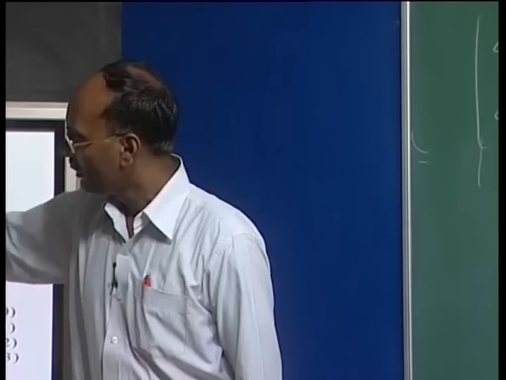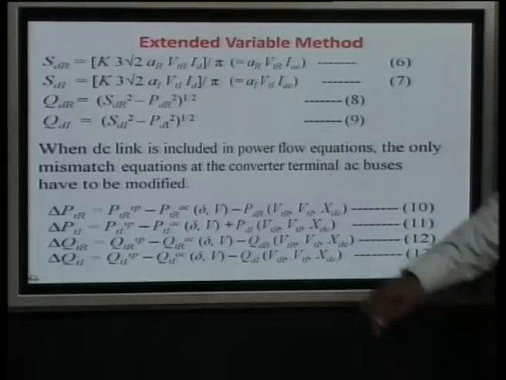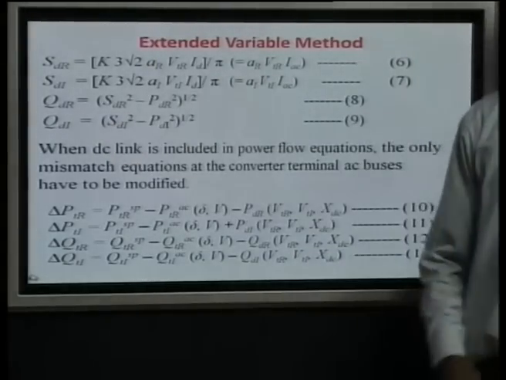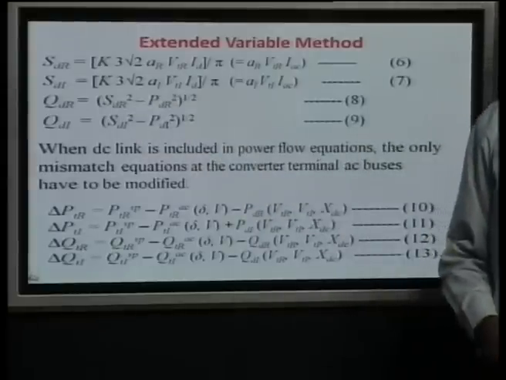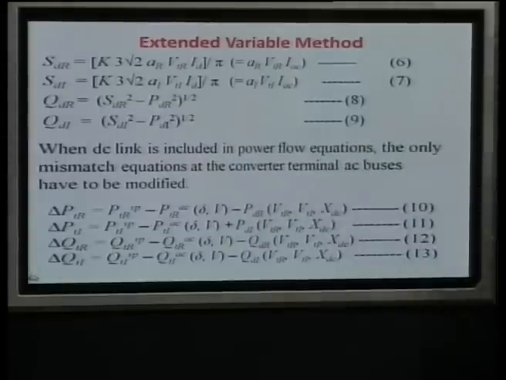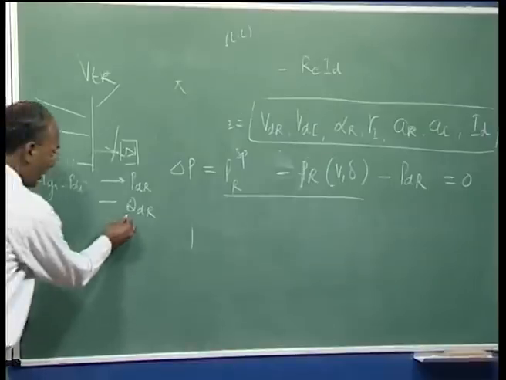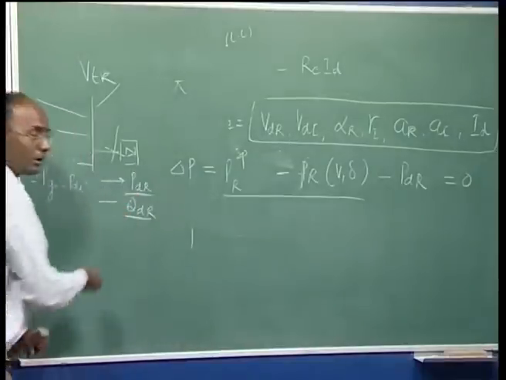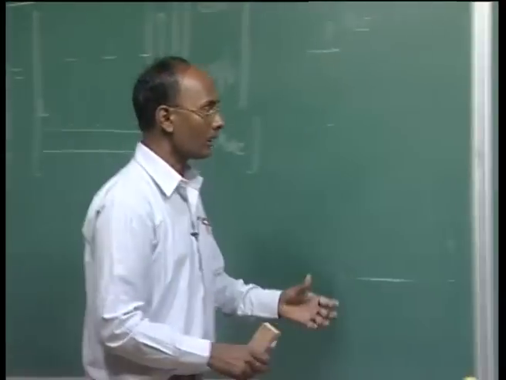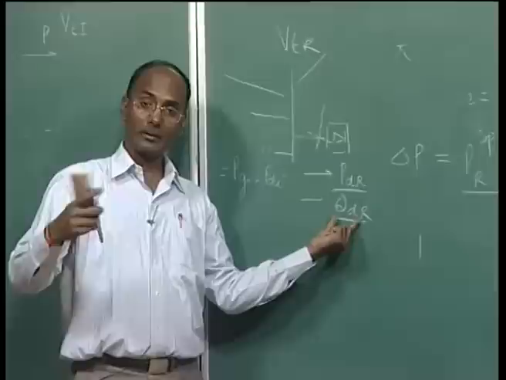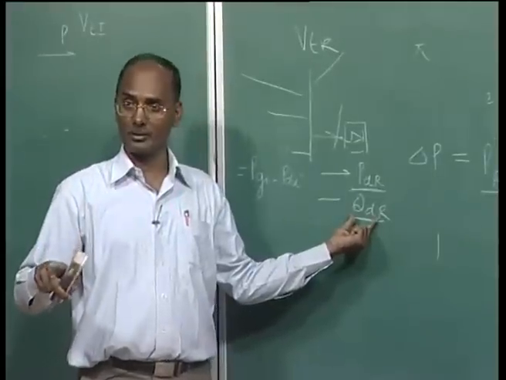Now, come here, if you see this QDR and QR, we have to write SDR square minus PDR, because we want now in DC here the QDR as well. PDR already we wrote in terms of the DC variables, but the QDR here now we want. In the sequential method we are calculating the power factor.